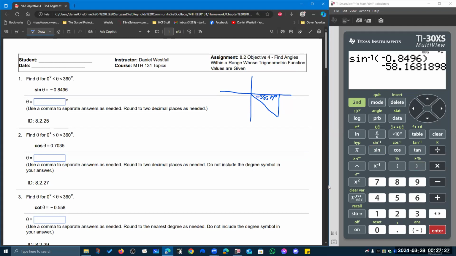So the first thing that I want to do to that is add 360 degrees to it, so I get something coterminal with it. If I go all the way around here, this is going to be 301.83 degrees. So that's one of my answers. That's the bigger answer.